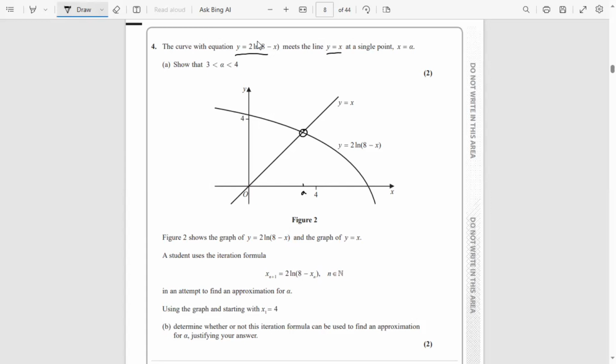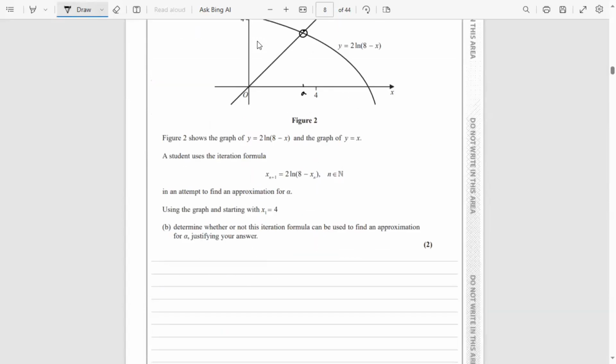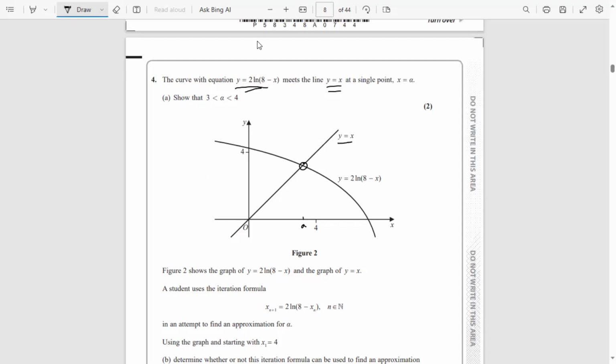The key thing to realize is that at this point of intersection, the curve y equals 2 ln(8 minus x) meets the straight line y equals x. So at x equals a, we know that 2 ln(8 minus x) is going to be equal to x, since y equals x and y also equals 2 ln(8 minus x) at this specific point.